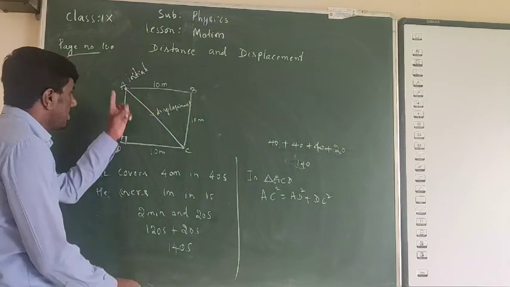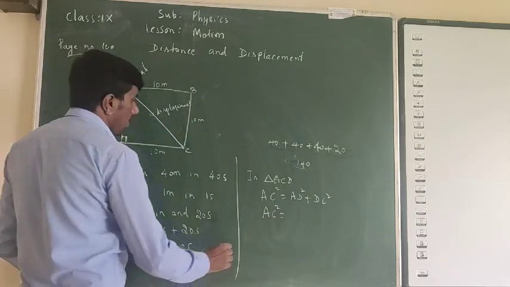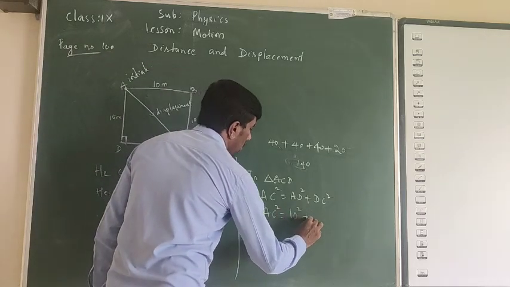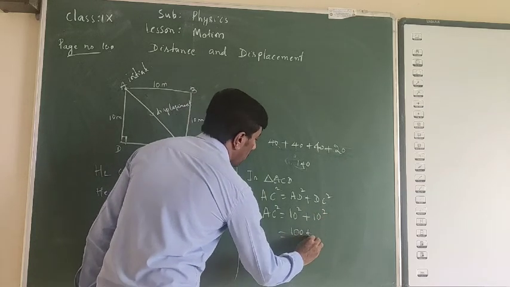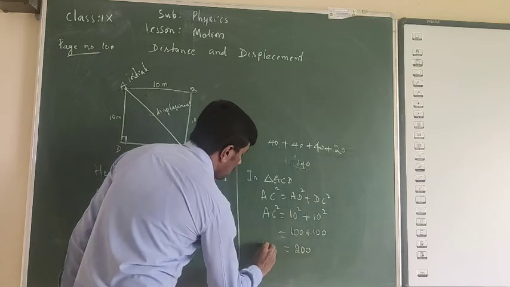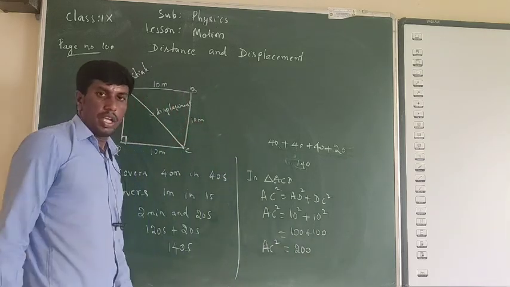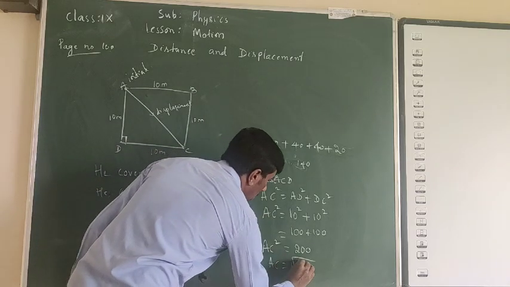Now what is AC square? That we need to find out. AD is 10, so 10 square is 100, plus 100, so it is equal to 200. This is AC square. If AC square is equal to 200, then AC is equal to square root of 200.